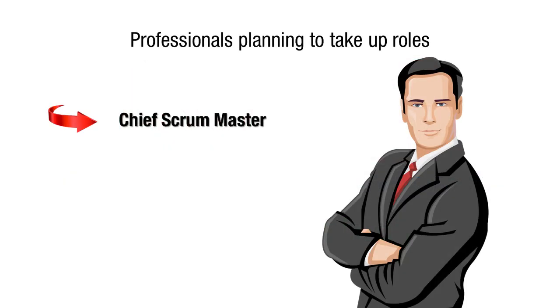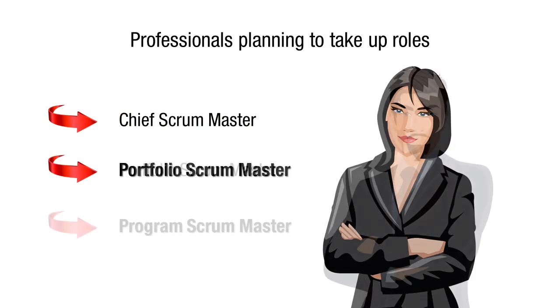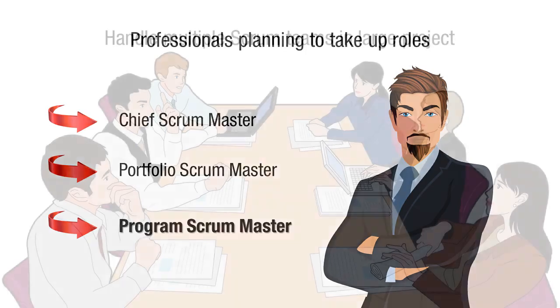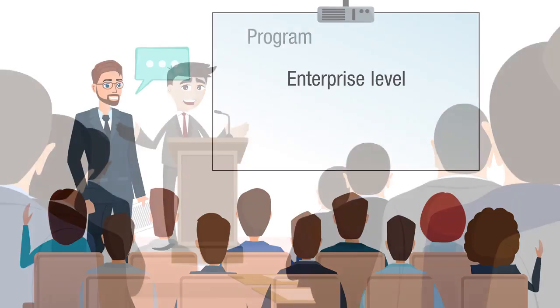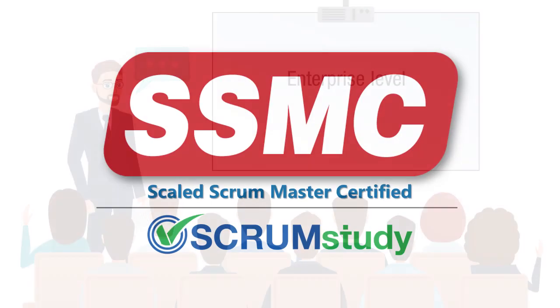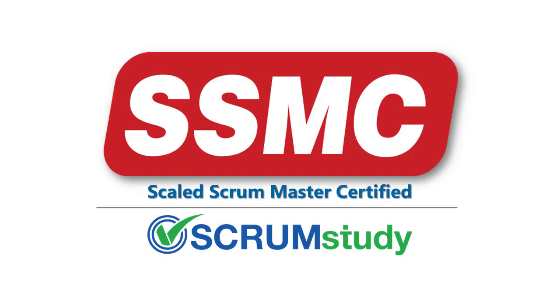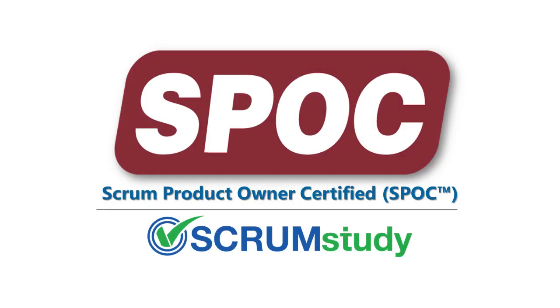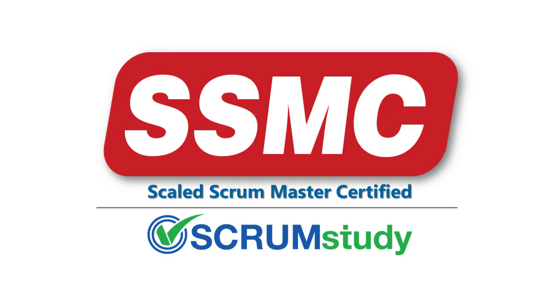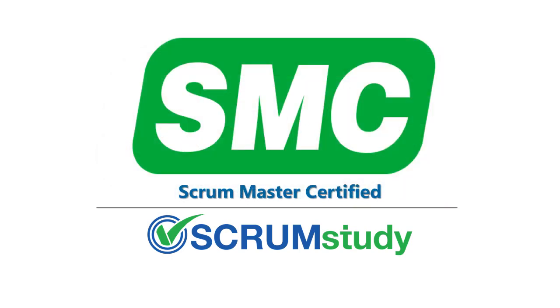And professionals planning to take up the roles of Chief Scrum Master, Portfolio Scrum Master, or Program Scrum Master and handle multiple Scrum teams in a large project or program or at the enterprise level can opt for the Scaled Scrum Master Certified, or SSMC certification. Please note that to be eligible to attain SSPOC certification, you should possess SPOC certification, and to attain SSMC certification, you should have SMC certification.